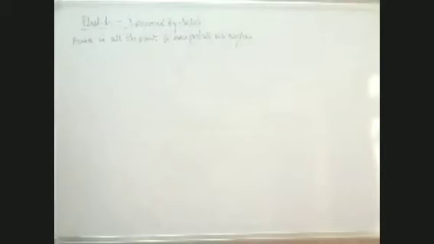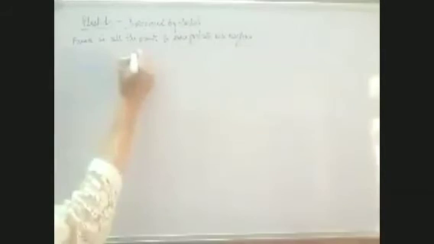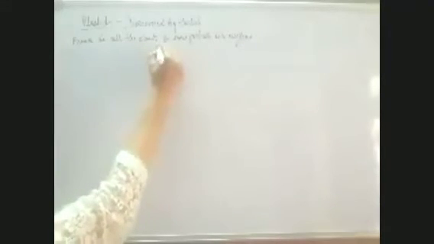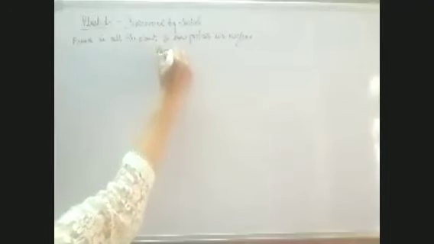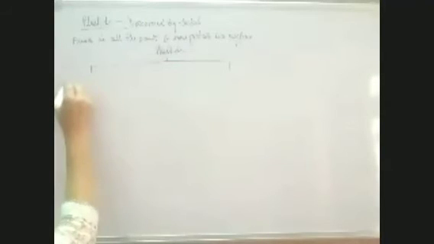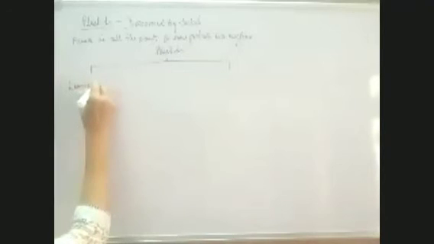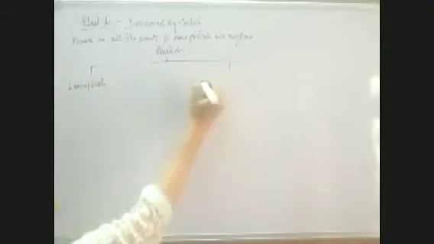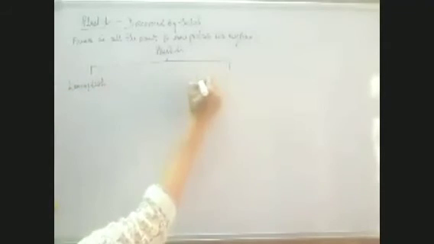These plastids are basically of two types. Number one are the leucoplasts, and the second type of plastids are chromoplasts.